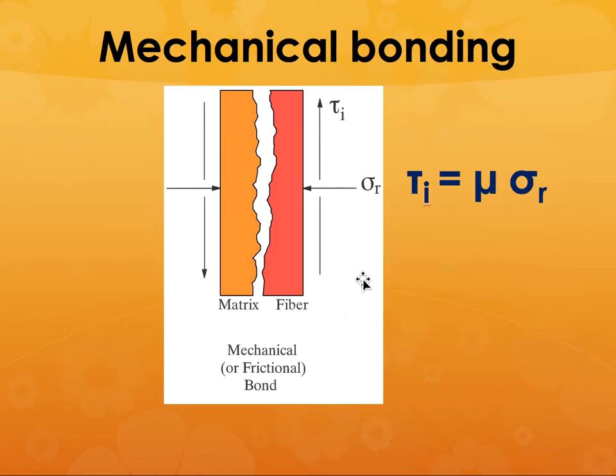So for example, if you want good mechanical strength, you create what are called ridges on the fibers, and those ridges can act to hold the matrix resin atoms inside, and that reacts with the fiber surfaces.